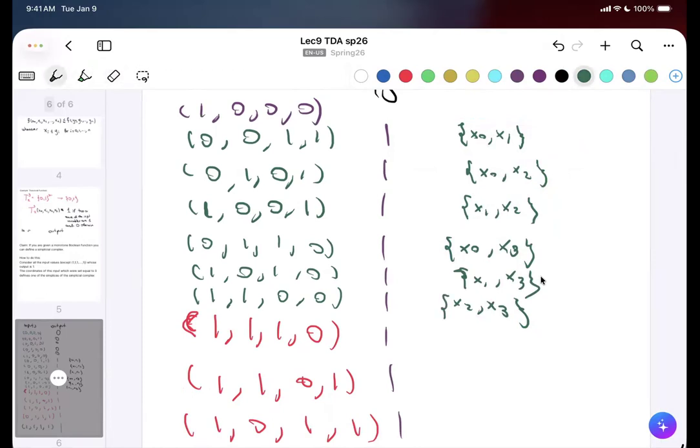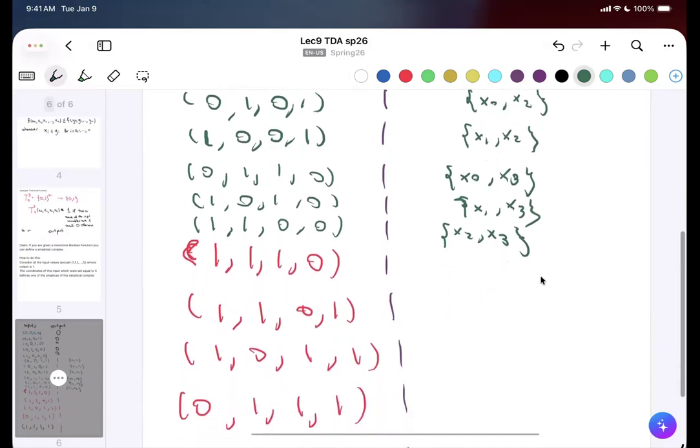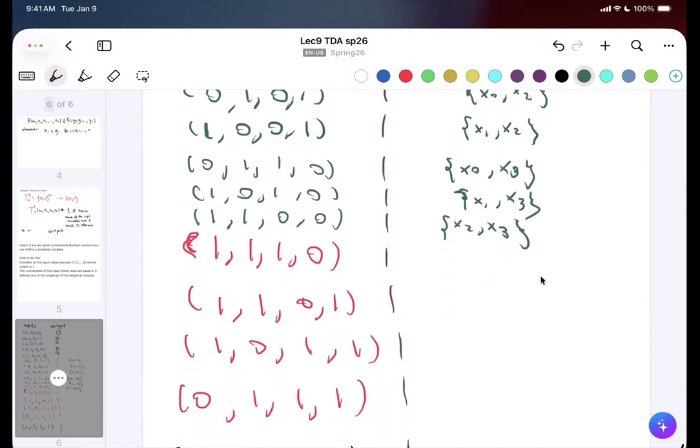These are the pieces of the simplicial complex defined by the green inputs. Then from the red ones, that's where the nodes come from, because they only have one 0 coordinate at a time. This one is x3, this one is x2, this one is x1, and this one is x0. So the nodes come from the red ones.